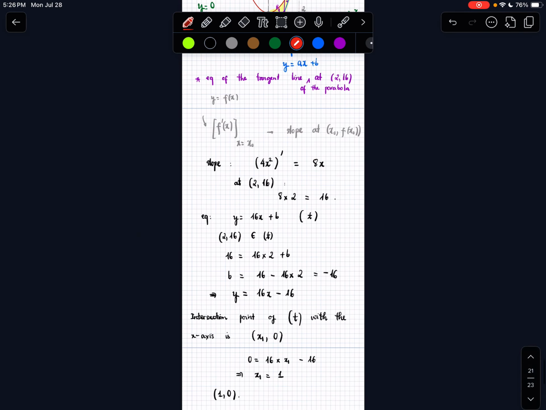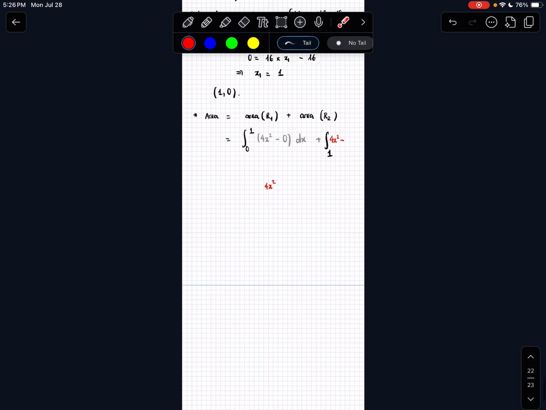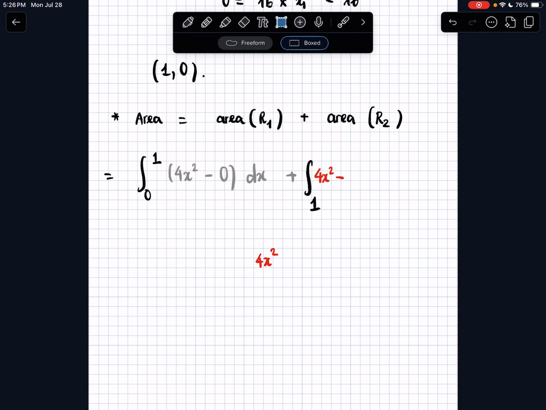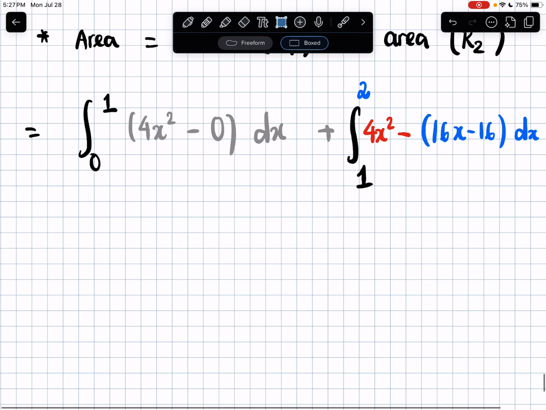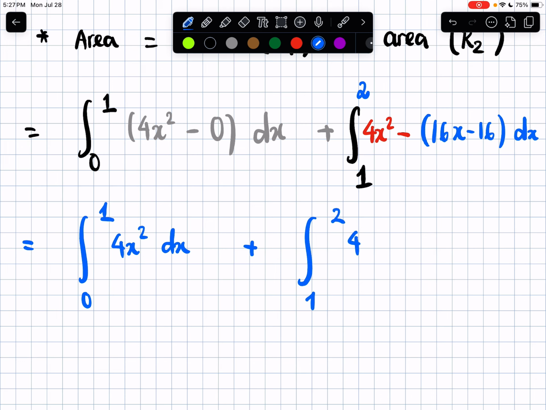What is the blue? 16x minus 16, dx. So the area is the integral from 0 to 1 of 4x squared dx, plus the integral from 1 to 2 of 4x squared minus 16x plus 16 dx.